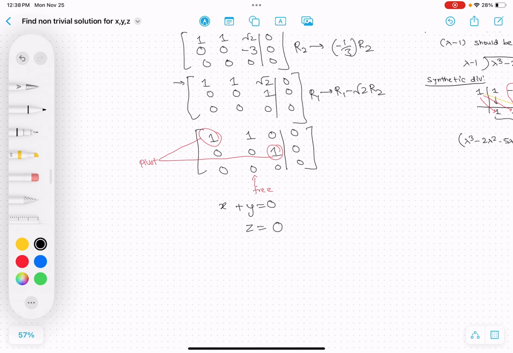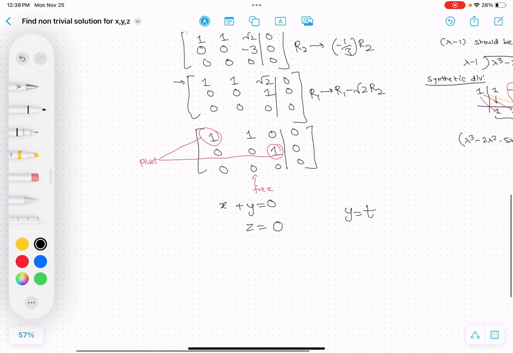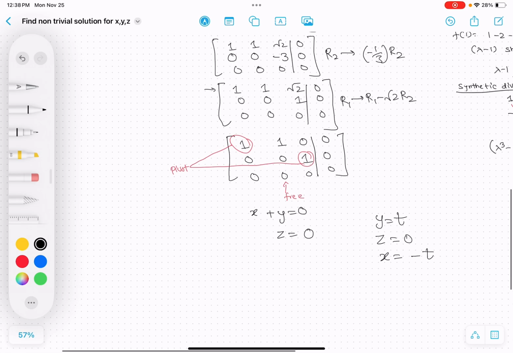So I can just let y be t, and these x and z do have values in terms of other variables or numbers. So z just has a value of 0, and x can be found in terms of y, and x is negative t. Definitely it's also the case that you might want x as t, and then y as minus t, and z as 0, right? You can definitely do that as well.